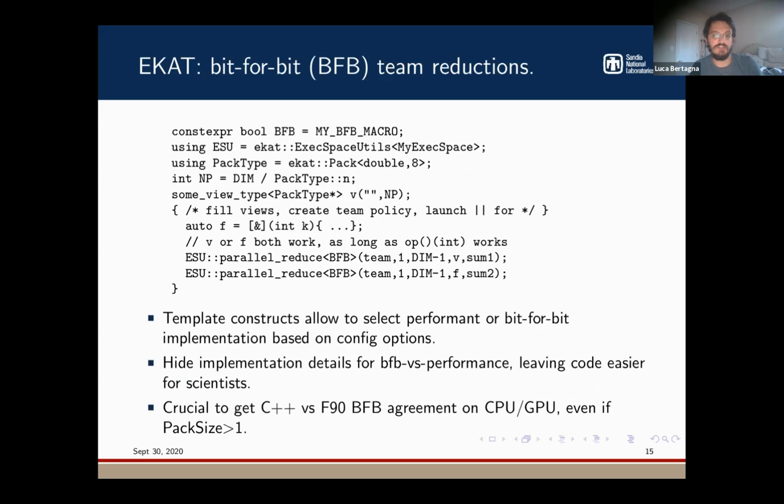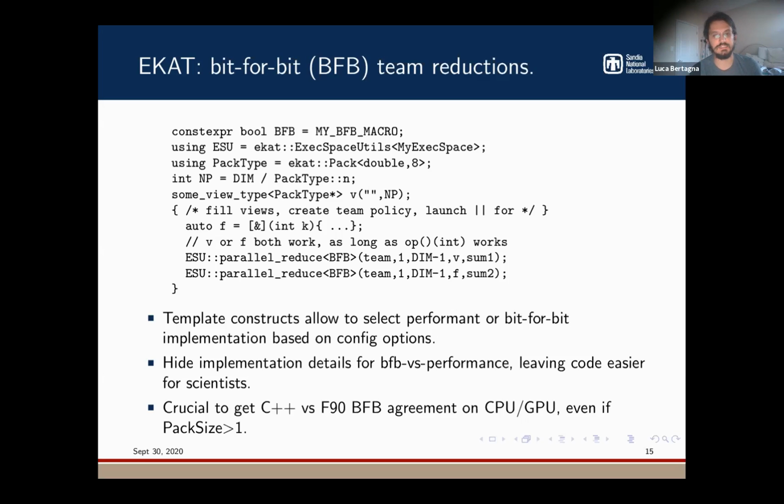Another utility that we find very useful in our unit tests, since we're converting an original code from Fortran to C++, is the ability to do bit-for-bit reductions over a team of threads. This basically wraps the existing Kokkos implementation of a parallel reduction.